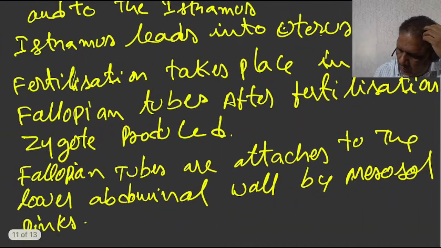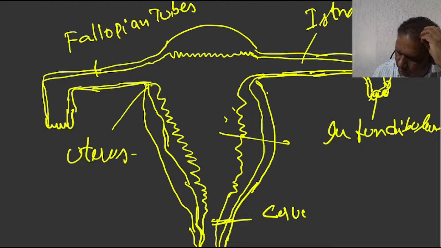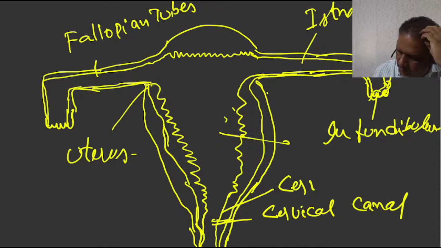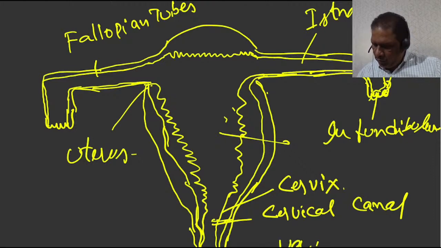Here, this is a uterus, and it is a cervical canal. And here is cervix, and here it is open into the vagina.